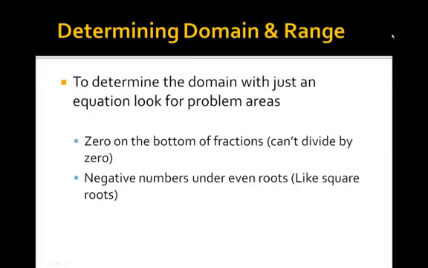The reason why that would cause a problem is because we can't divide by 0. So if any values make the bottom 0, take them out of your domain. When it comes to, say, even roots, like a square root or even a fourth root, then we want to make sure that underneath the root it stays positive.